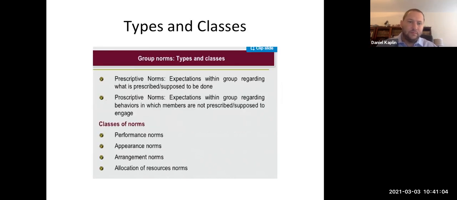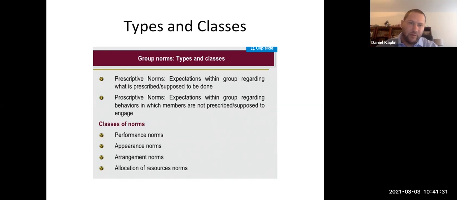So, when we talk about types of norms, there's prescriptive and proscriptive norms. So, a prescriptive norm is basically an expectation about what is supposed to be done, so like a prescription. A proscriptive norm is what is not supposed to be done.